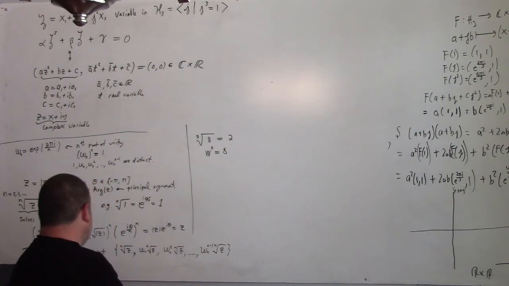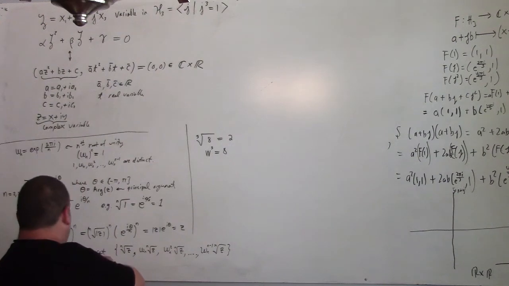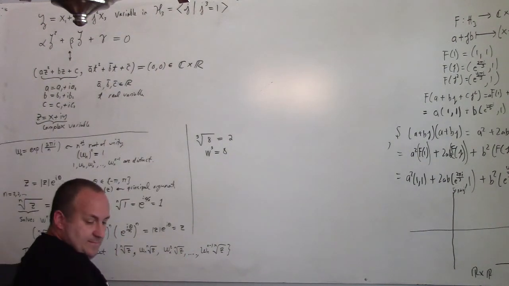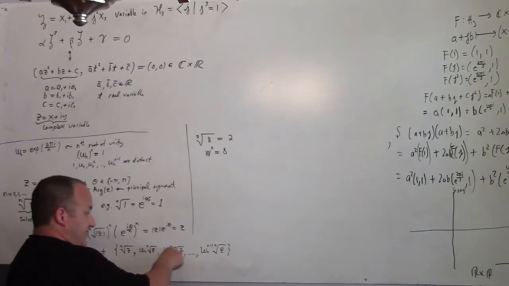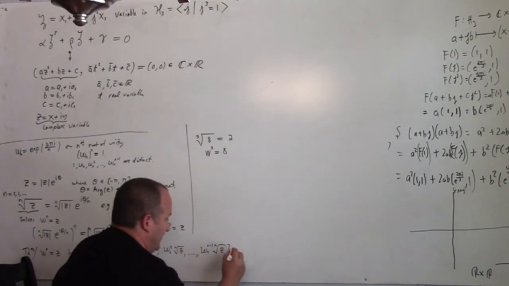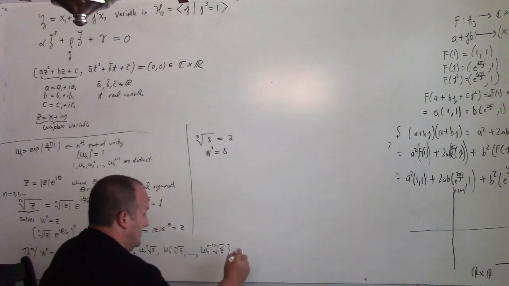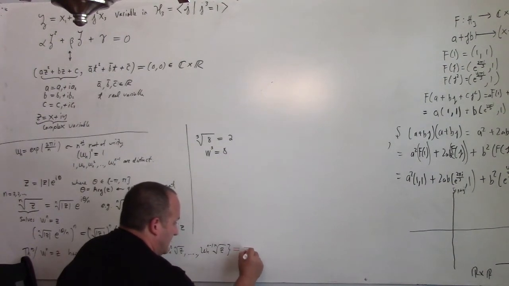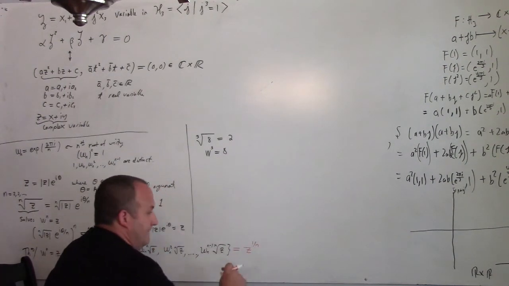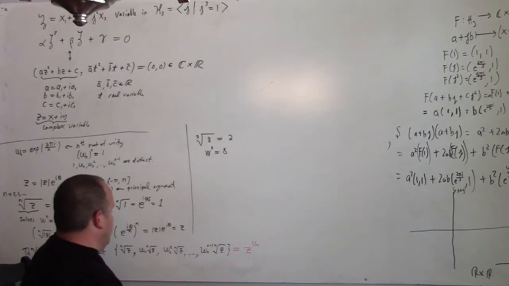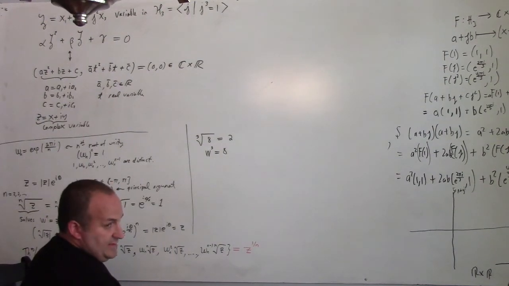By the way, one other thing I forgot to tell you is that we have a name for this set. This is defined to be z to the 1 over n. In complex analysis, we make a distinction between the principal nth root and the set of nth roots, because there's more than one nth root.